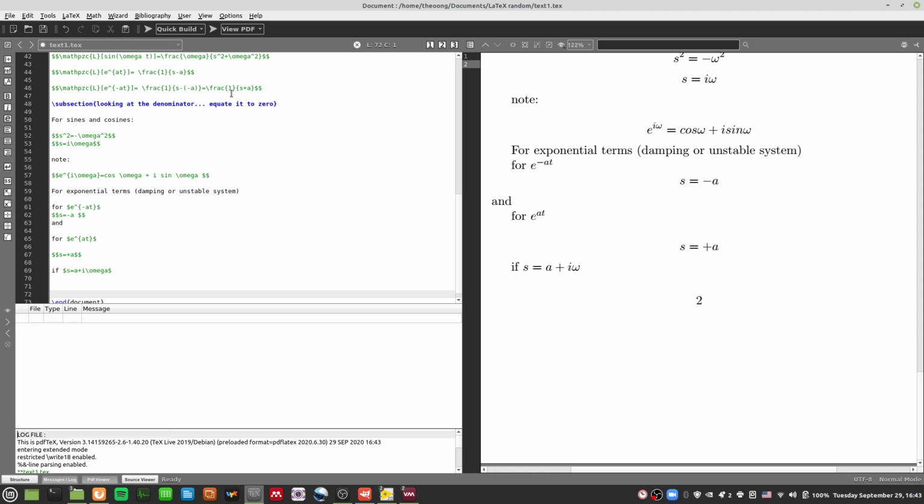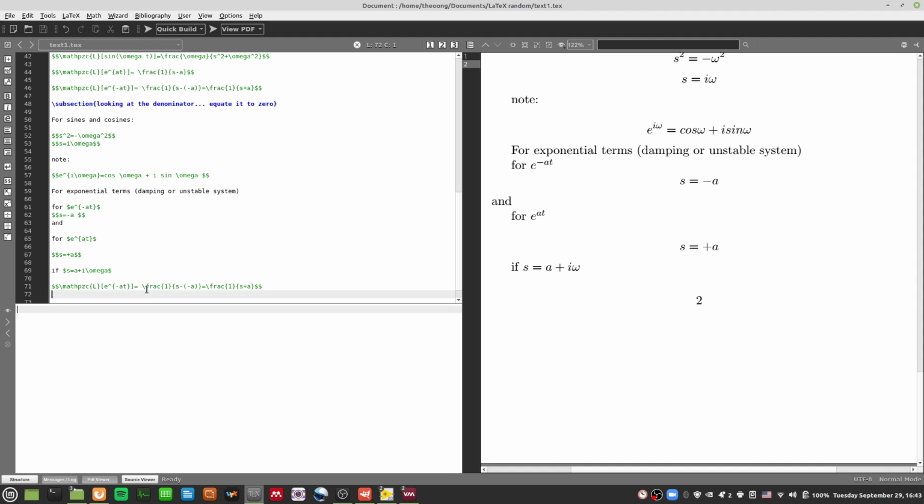My time's up, I don't want to take too long, but you can expect this solution to be something of this sort: sine omega t.